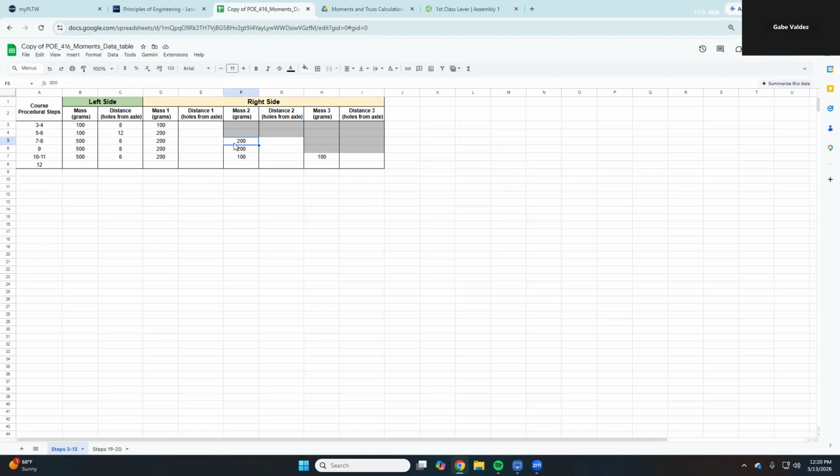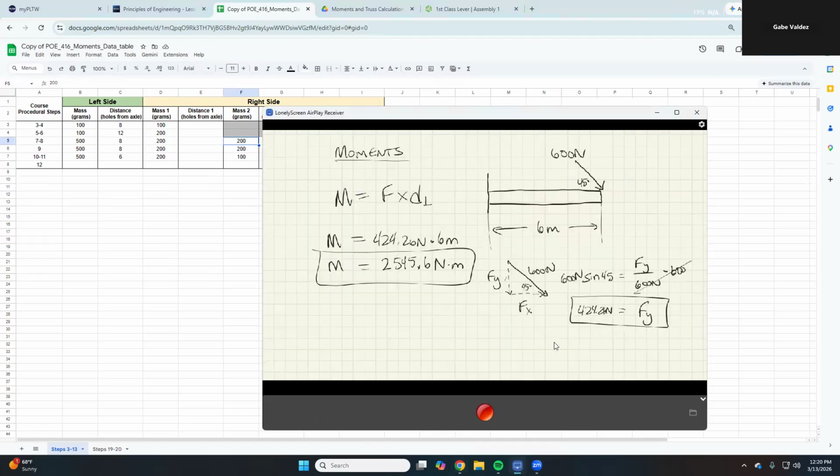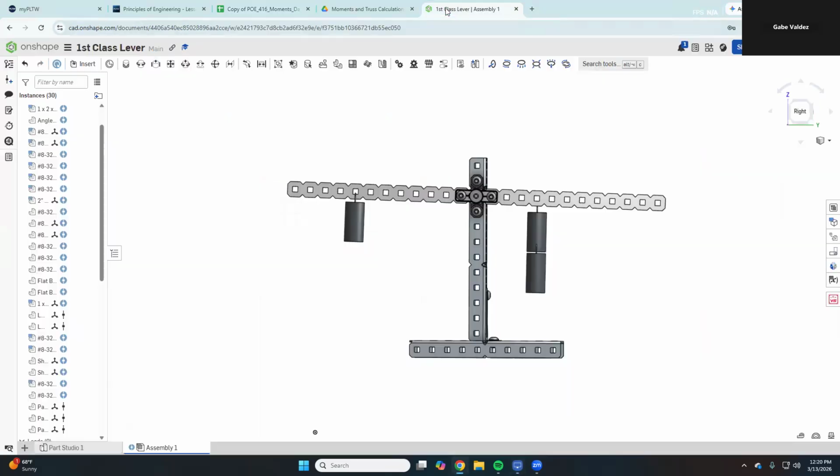And so in order to attain static equilibrium, let's go ahead and look at it from here. Static equilibrium is going to be attained when the sum of my moments is equal to 0.